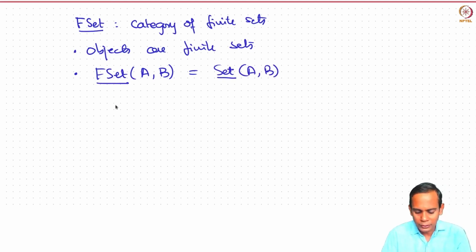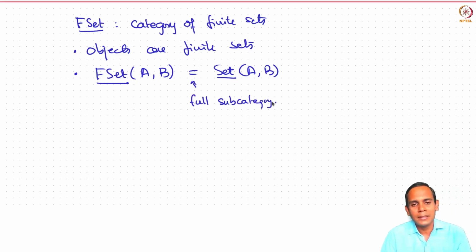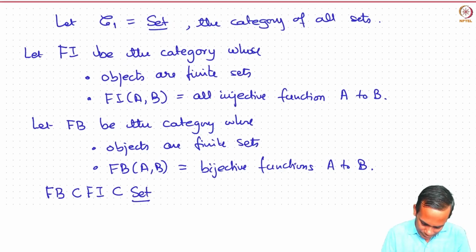So all functions from A to B. But when you have this condition, this is the notion of a full subcategory. So you've only restricted the objects, but whenever you have two objects in your subcategory, the arrows are the same as in the larger category. So what we have is that Fset sits in between Fi and Set.